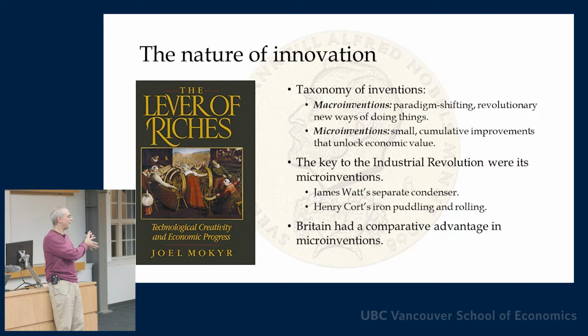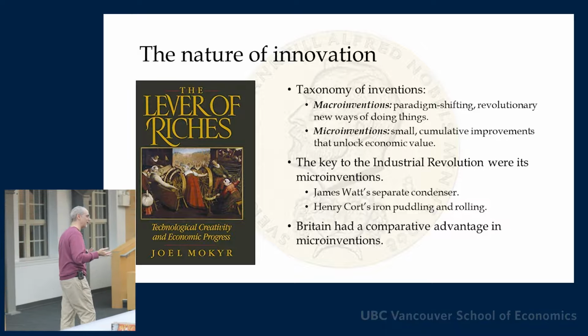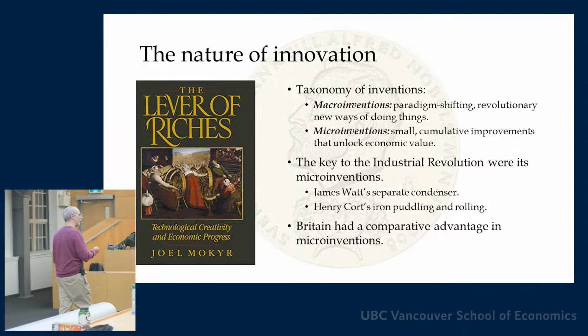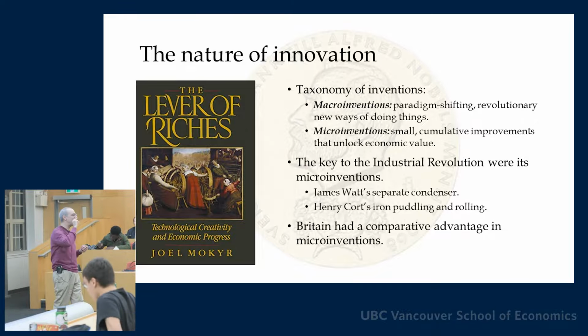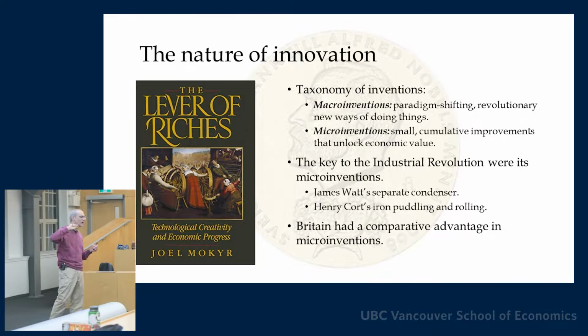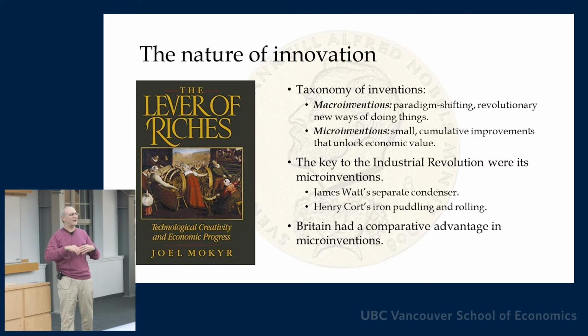By keeping one part always hot and one part always cold, the efficiency of the steam engine increased and made it economically profitable. And that's where we see factories appear. We see entrepreneurs buying engines to power machines. The separate condenser is what Mokyr calls a micro invention, a small twist on something that exists but unlocks enormous potential.